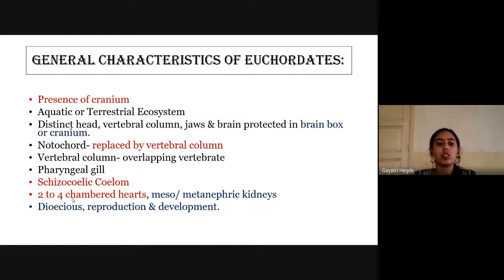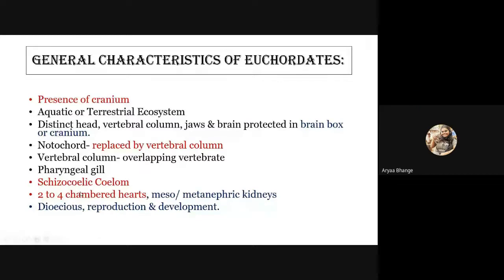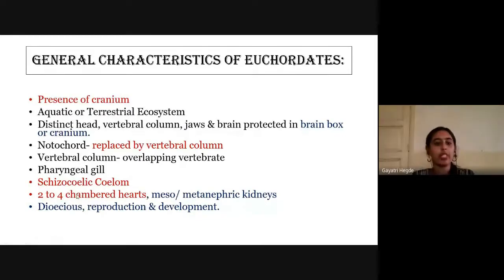The coelom is of schizocoelic nature. It means it comes from... Do you remember schizocoelic coelom? What is it? I had told you. Body cavity. Yeah, coelom is body cavity, but what is schizocoelic? When the coelom originates from the mesoderm, then that is called schizocoelic coelom.